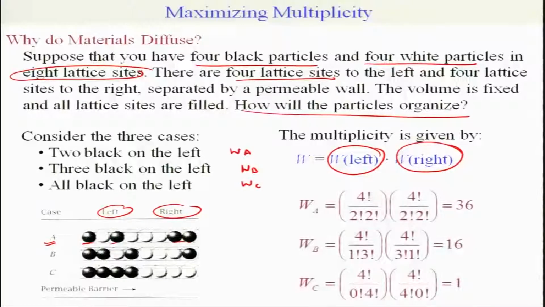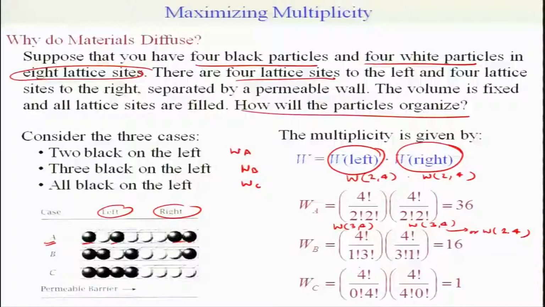So, we can simply use the same formulation as we have done earlier. W_A is W(2,4) multiplied by W(2,4), whereas in case B there are 3 blacks out of 4, so there should be W(3,4) multiplied by W(1,4), and this is the same.